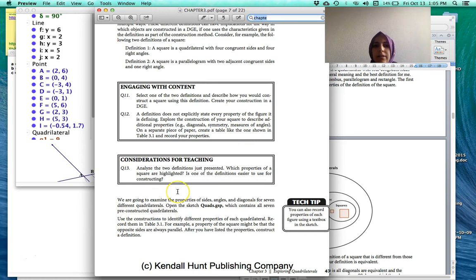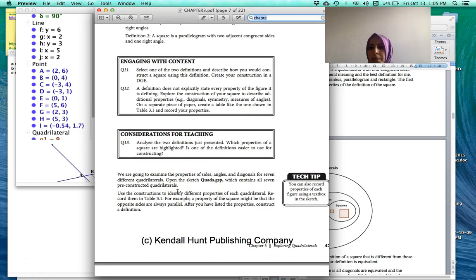Okay, question 12. A definition does not explicitly state every property of the figure it defines. Explore the construction of your square to describe additional properties: diagonals, symmetry, measures of angles. On a separate piece of paper, create a table like the one shown in Table 3.1 and record your properties.